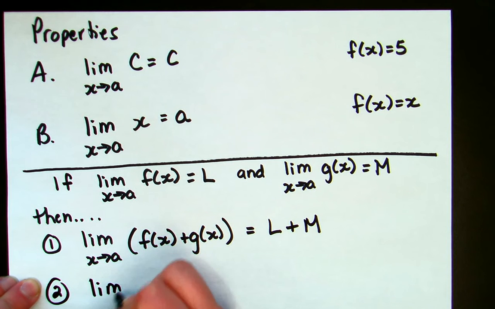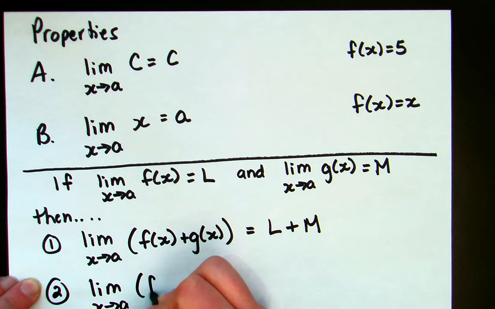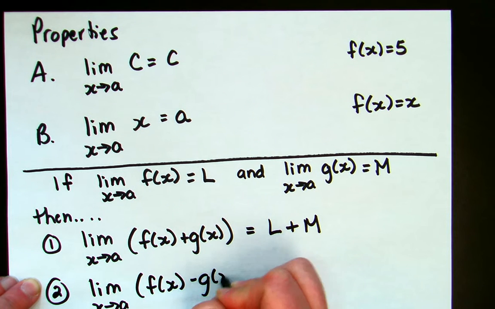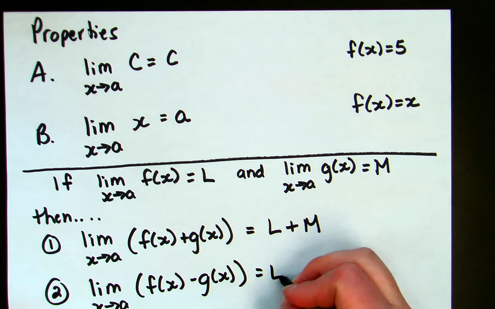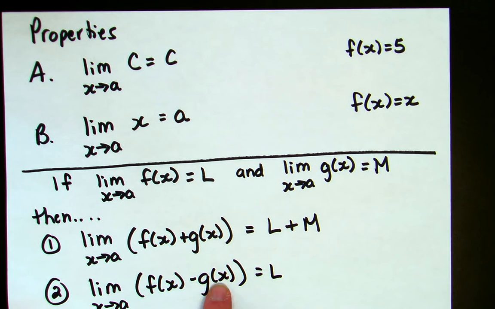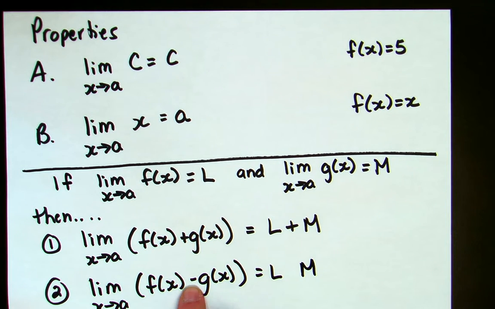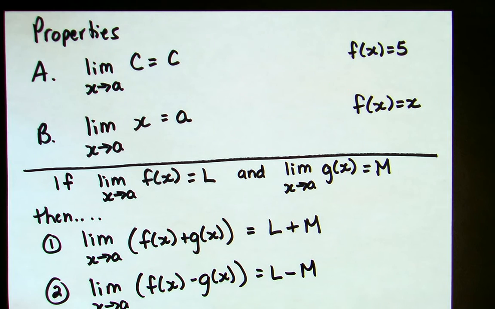This is also true for subtraction. So if I have a composition function, which is the subtraction of two functions, and I know that the limit of f at x as x approaches a is L, similarly, I know the limit for g at x is m. If it's subtracting in here, I can simply subtract my answers.